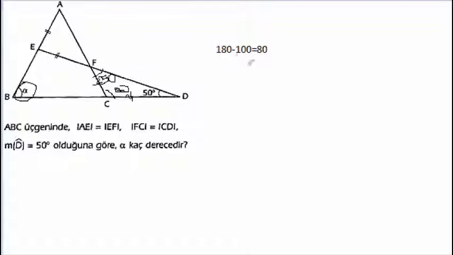We again subtract 80 from 180 and we find 100, which is this angle. Now because of the opposite angles, here is also 50, and because of the isosceles triangle rule, this side is also 50.